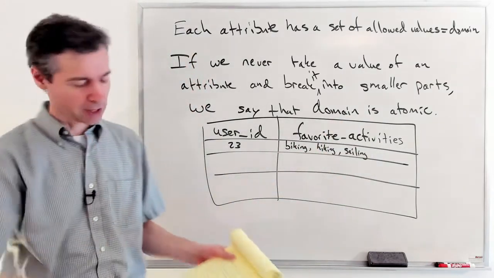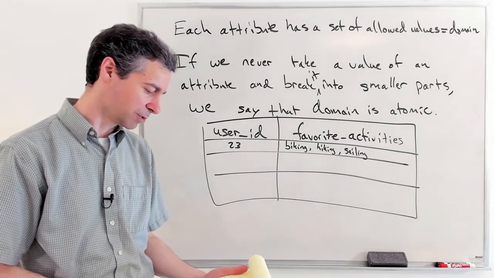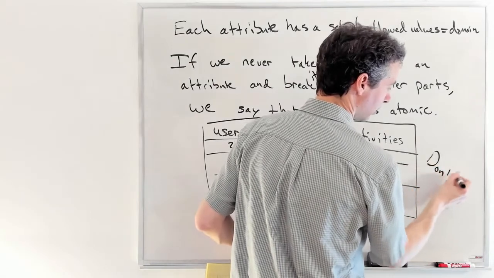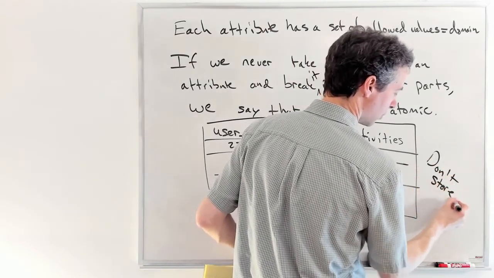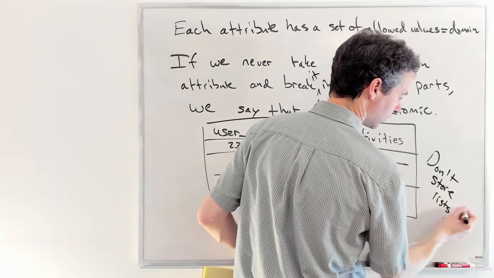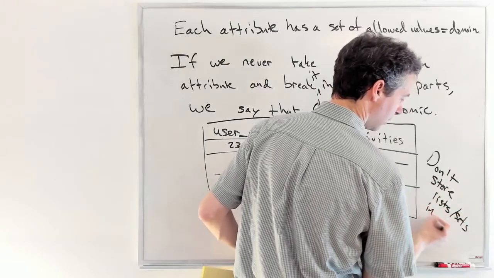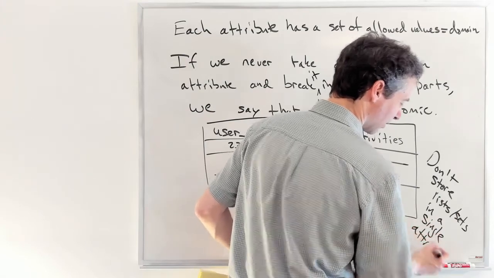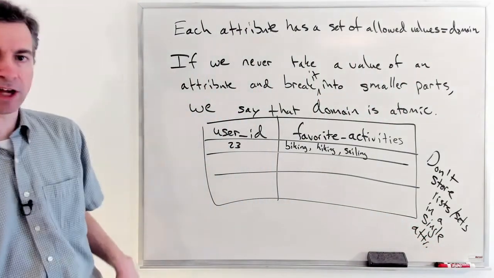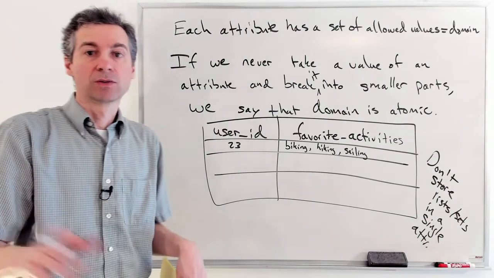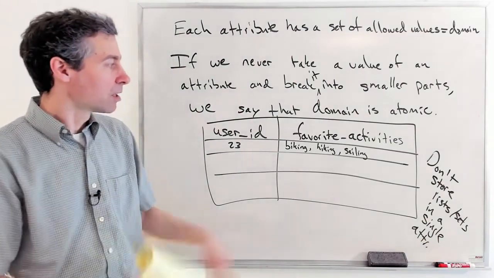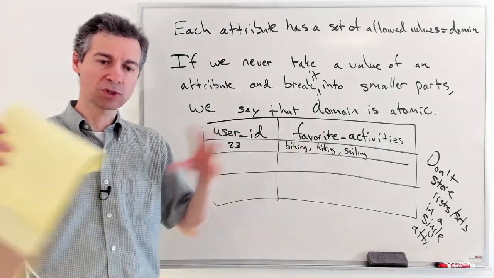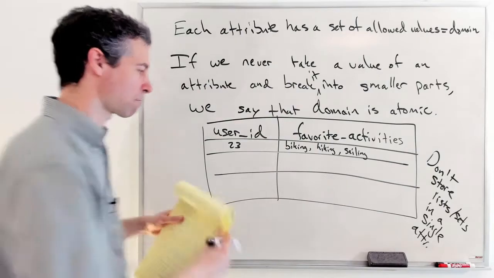All right, that's what we need to know about atomic attributes. In general, don't store lists or sets in a single attribute. Just don't do it. Later we're going to find out there are all sorts of bad things about it. Always, you want attributes that are atomic, not attributes that you're trying to chop up. Okay?